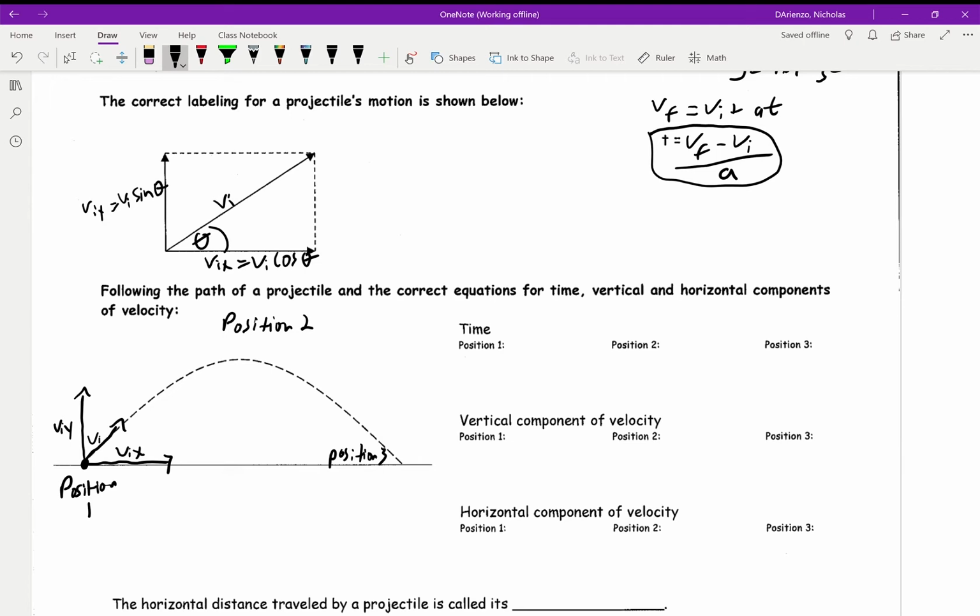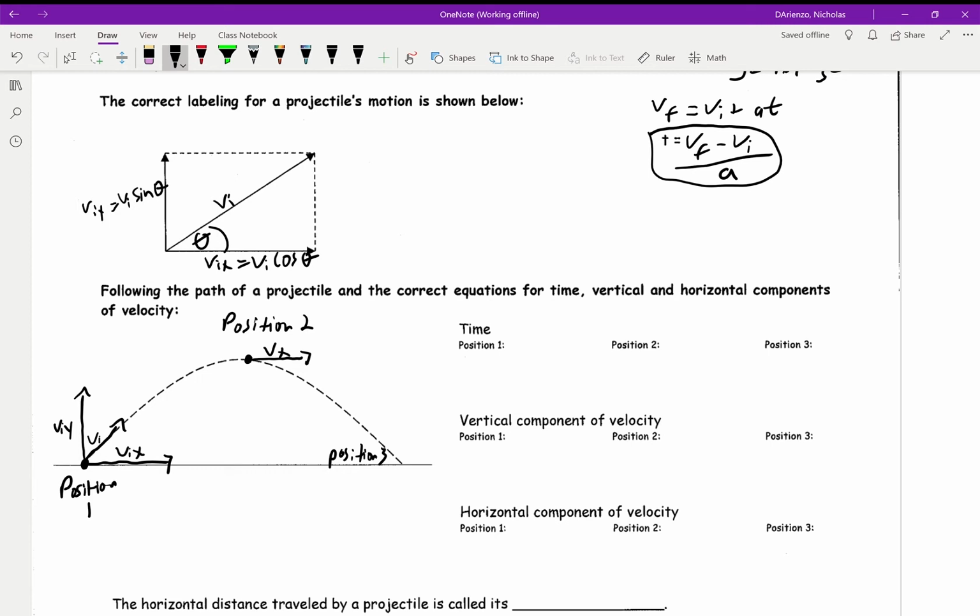We'll break this down in a second. As the golf ball travels and reaches its highest point, all of the motion of that ball is in the horizontal. At the highest point there, our velocity in the y direction is 0.